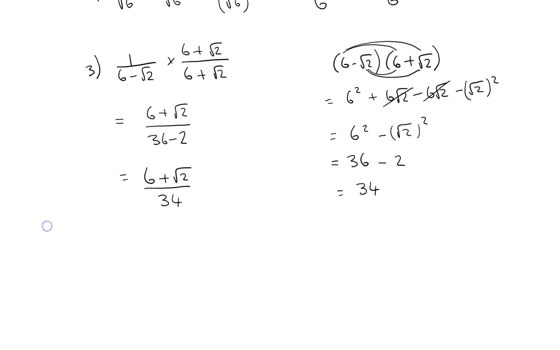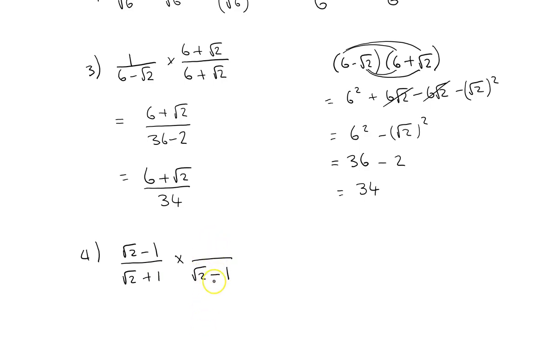Our fourth and last example is root 2 minus 1 divided by root 2 plus 1. And again, we are going to use the difference of 2 squares. We're going to look at the denominator and write the conjugate. Remember, the two numbers are the same, but the sign is different.